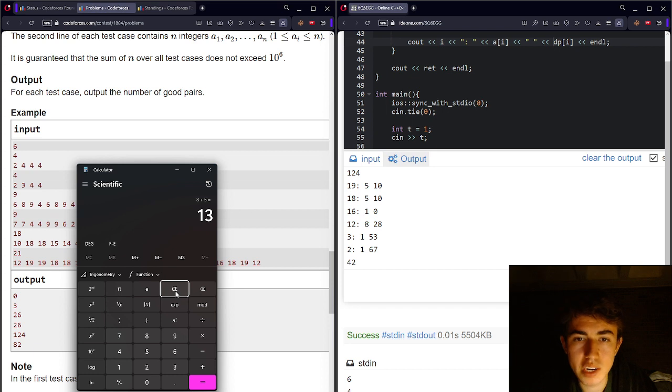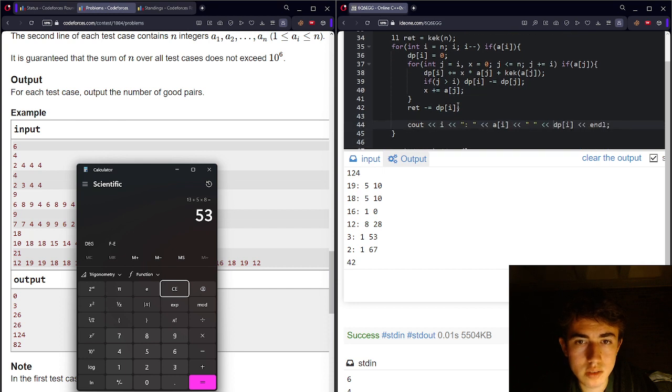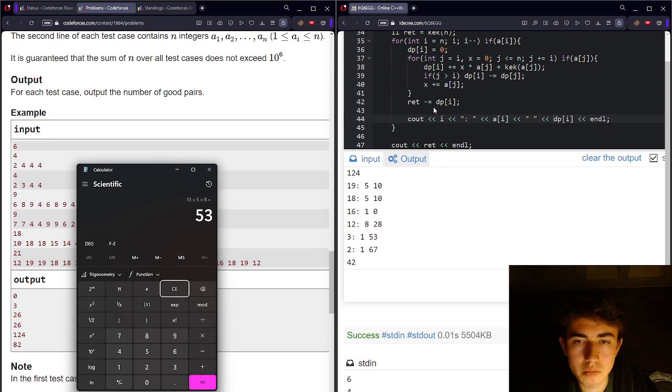And then we have the pairs between 12 and 18, which is 53. Are any of those wrong? I don't see how that's wrong. Right?